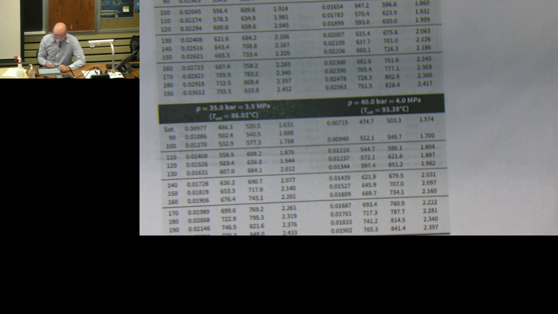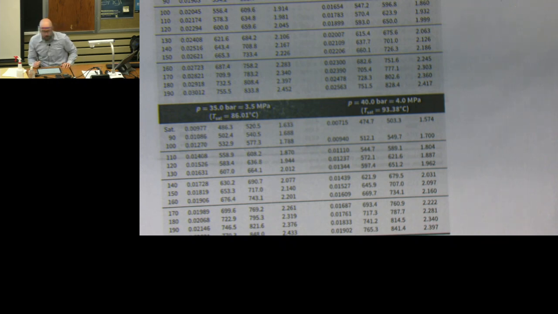Now let's say, what if I did this? What if I said the temperature was equal to 140 degrees Celsius? Oh, let me see here. If I just said the pressure was equal to 35 bar, but the internal energy was 625 kilojoules per kilogram, and I want to find out what is the specific volume there.